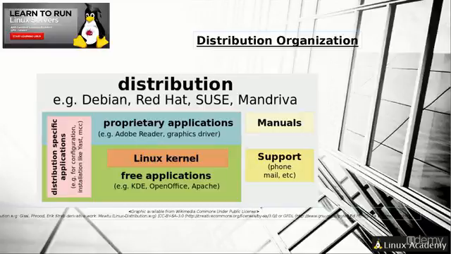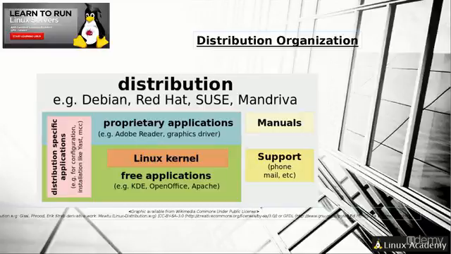Every distribution also can have proprietary applications. Proprietary applications are applications that, although they may be distributed for free, although they also may be paid for, are not necessarily free applications, as in the source code is not available for them. You cannot use and extend them. They are actually copyrighted.